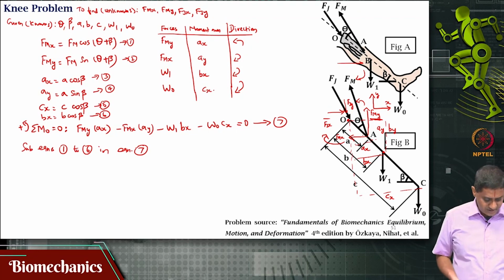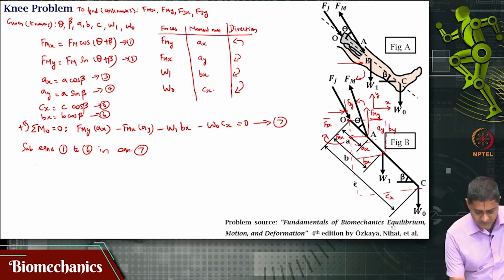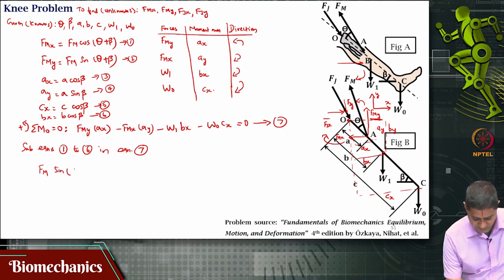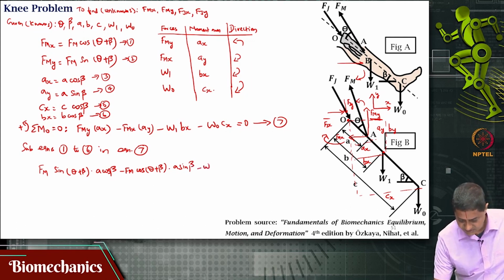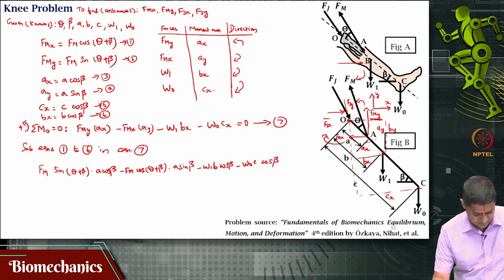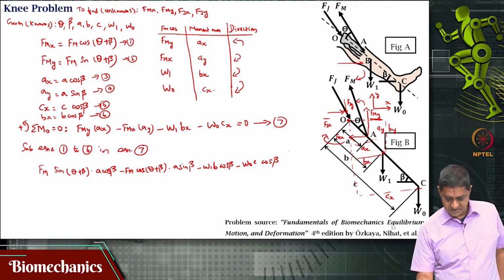Okay. After you do that, you will get Fm sin(theta plus beta) times A cos beta minus Fm cos(theta plus beta) times A sin beta minus W1 b cos beta minus W0 c cos beta is 0.